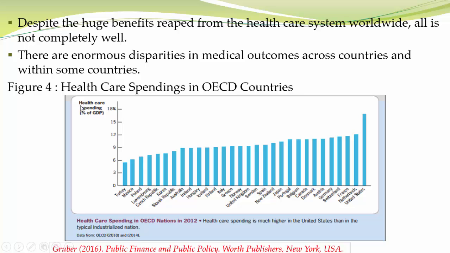On the y-axis we can see healthcare spending as a percentage of GDP, and on the x-axis we see different developed countries, starting from Turkey to the United States, including Mexico, Poland, Luxembourg, Czech Republic, Korea, Slovak Republic, Australia, Ireland, Japan, etc. And we see that different countries spend a different percentage of their GDP on health, starting from less than about 5% to 17% by the United States of America.